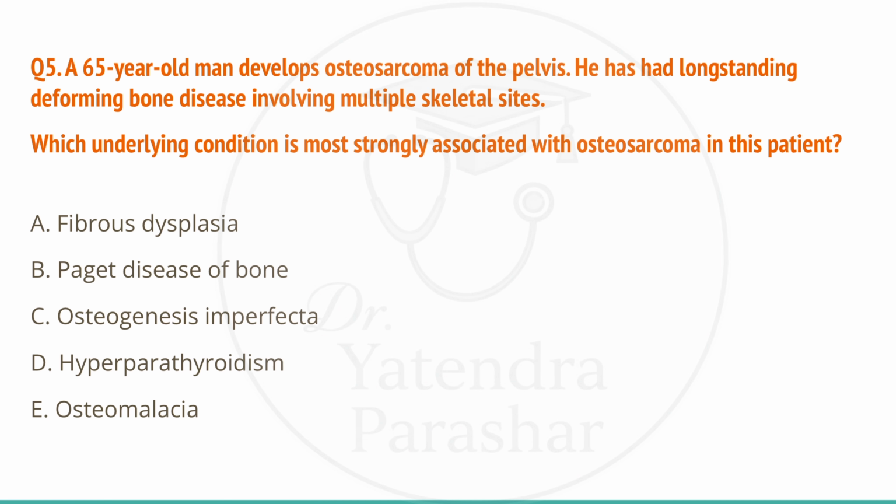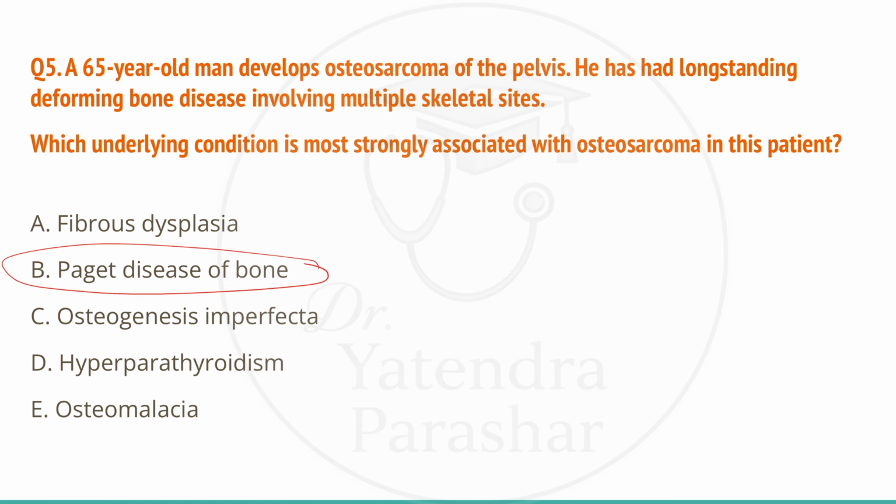It is asking about the risk factor in adult or old age osteosarcoma, and this is secondary osteosarcoma because it occurs after a disease, and the most important risk factor is Paget disease of the bone. So option B is the correct option.